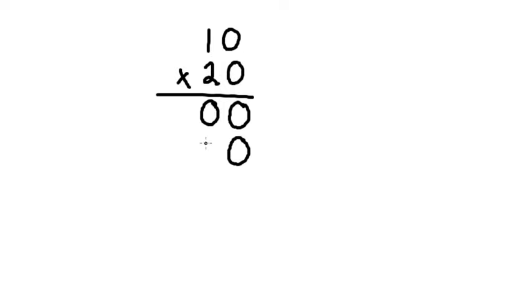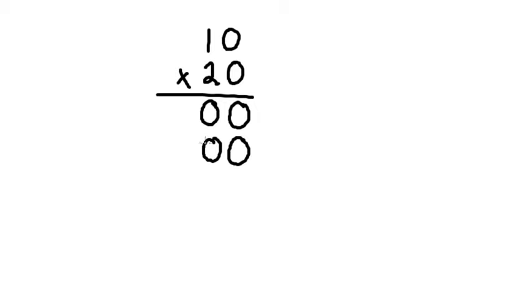So now when we do 2 times the ones digit in the top number, that number will go here in the tens slot. So 2 times 0 is 0. Anything times 0 is 0. Now we need to do the 2 times the 1. 2 times 1 is 2.